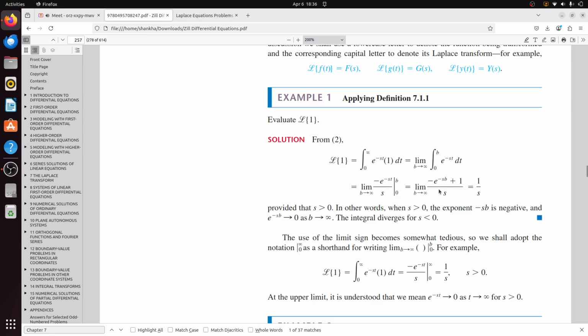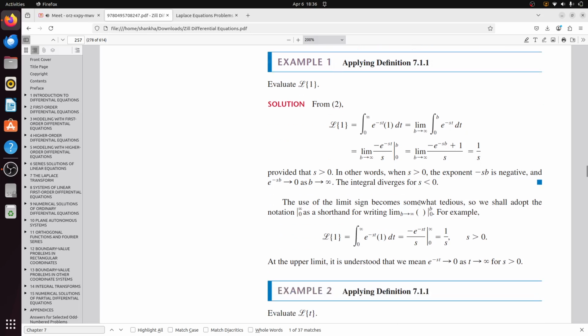So this limiting sign here, read it, if there is this straight line 0 comma infinity, then throughout this lecture series read it as limit b tends to infinity of the integration 0 to b. So the Laplace transformation of 1 is equal to 1 by s.